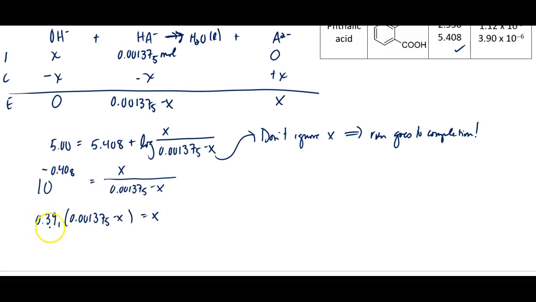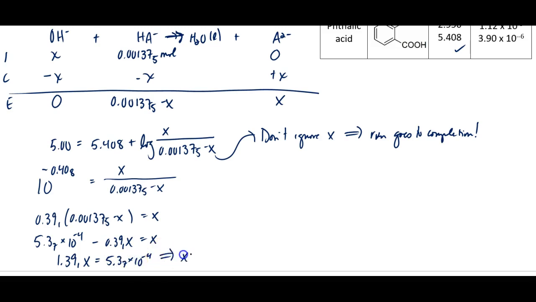And then distribute this number across the 2 terms in this equation. And then adding 0.39x to both sides gives 1.391x equals 5.37 times 10 to the negative fourth.